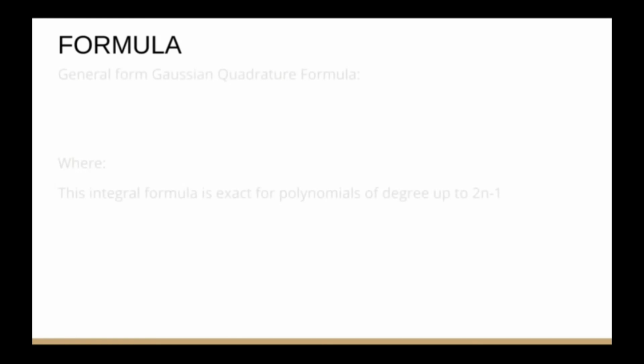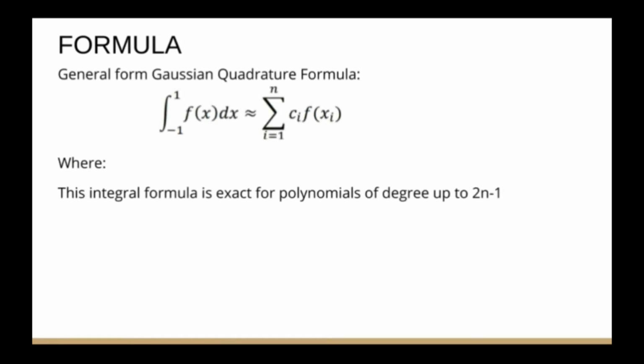So for the formula, the integral form of a Gaussian quadrature formula is the integral from -1 to 1 of f of x dx, approximately equal to the summation of c sub i f of x sub i, where i is equal to 1.